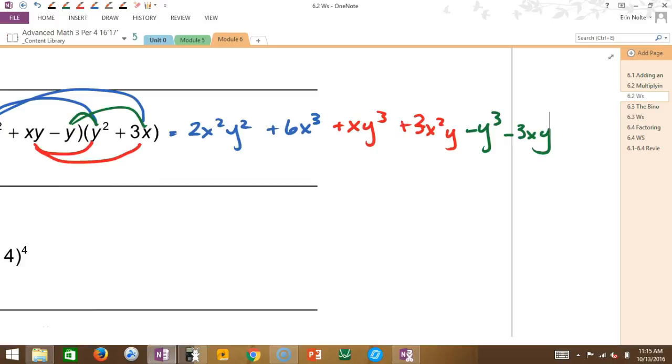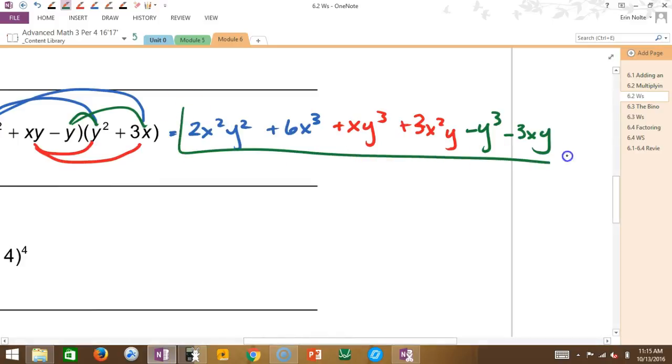Do you see any other x cubed? No. Do you see an x and a y cubed term? No. How about an x squared and a y term? No. How about a y cubed? And an xy? So this one has no like terms. When you have no like terms, you just circle your answer and say, yay, that was done.